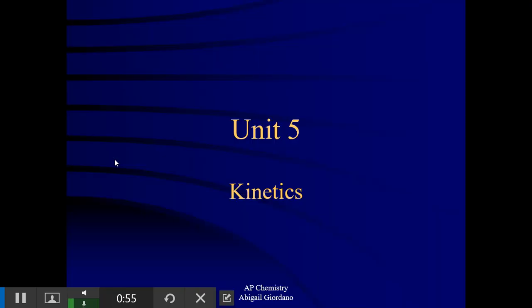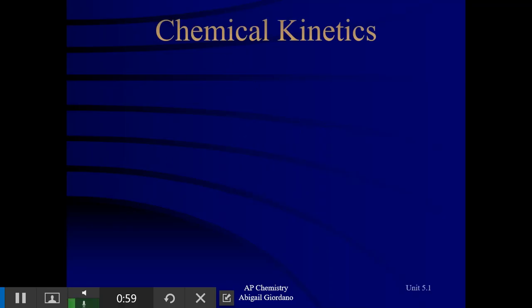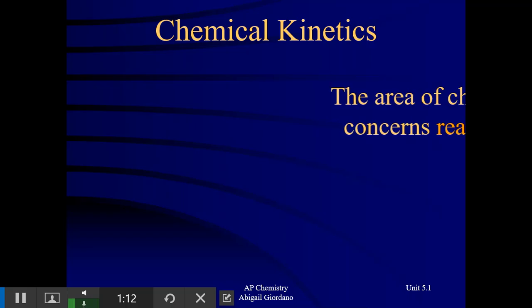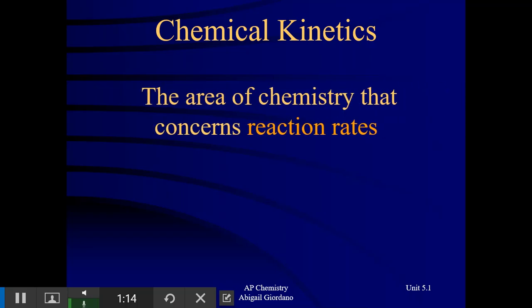So, Unit 5 is called Kinetics. And let's talk about what that means. Please don't get this mixed up with the word kinematics, which is a physics term, although they are related. Kinetics has to do with reaction speeds.